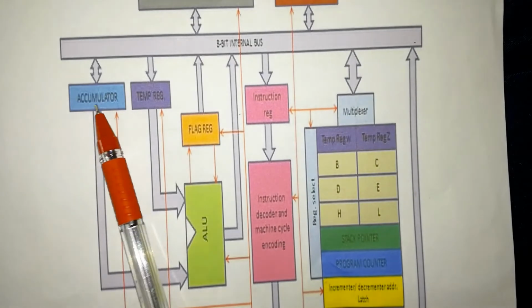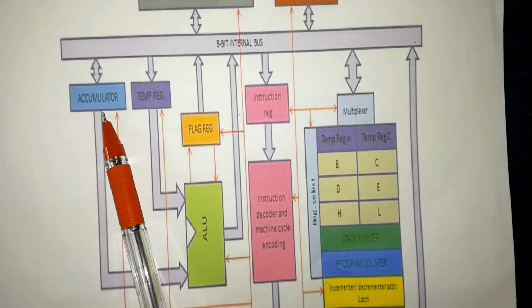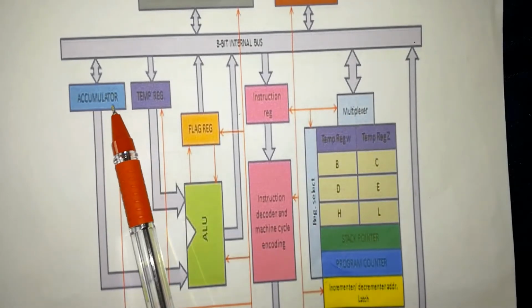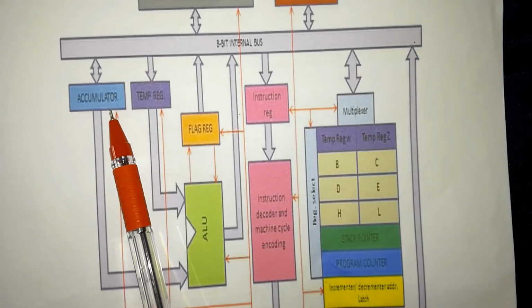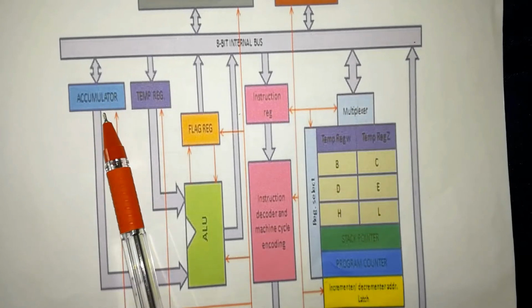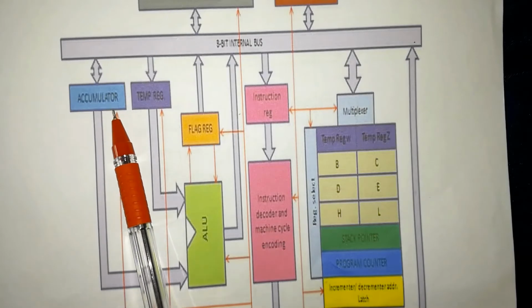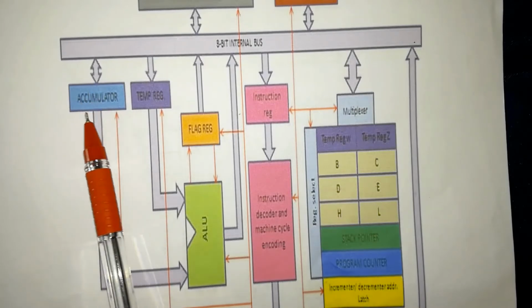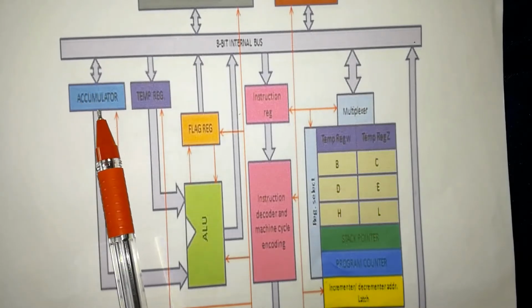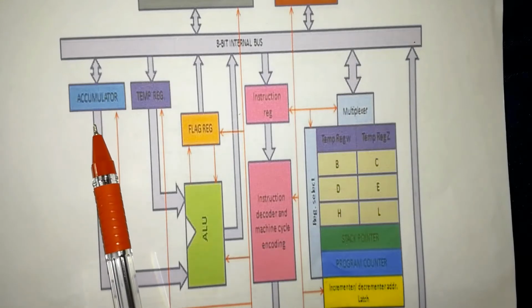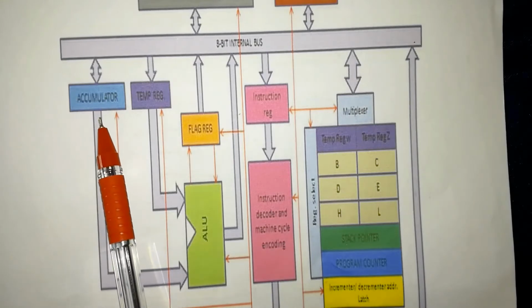The main register in these is accumulator. Also, it is denoted by A. It is 8-bit main register used for performing arithmetical and logical operations like addition, subtraction and XOR operation.